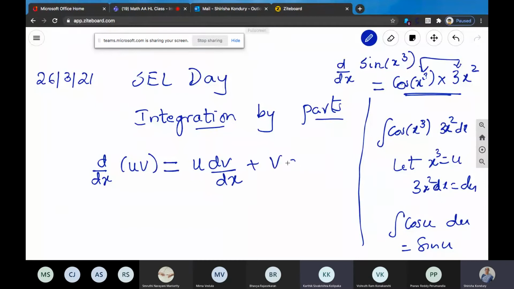Very nice. And here order is not important, right? Because it's just an addition and multiplication. So I can do it in any order. I can say U times derivative of V plus V times derivative of U. Another way to write this is U V dash plus V U dash. This is symbolic, that V dash and U dash are symbolic of the first derivative. Correct?